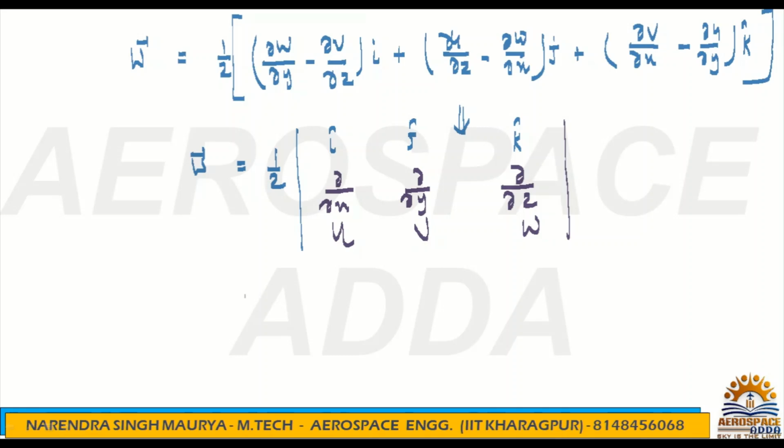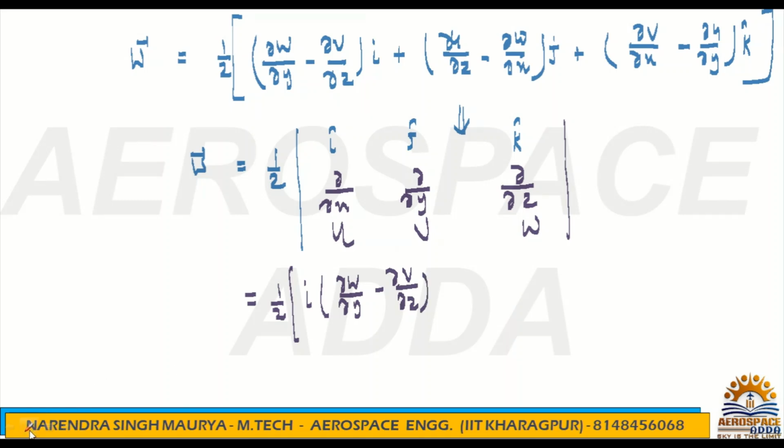See, again I will write these values, it will be more clear to you. First one, if you cut, then you get i in bracket, dou w by dou y minus dou v by dou z.